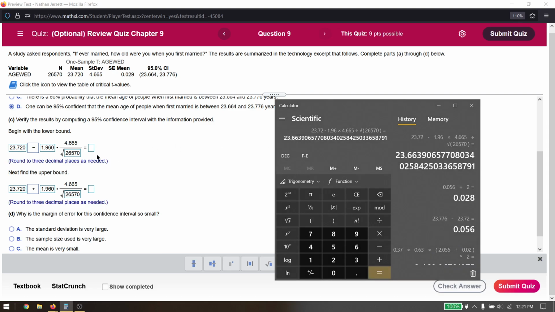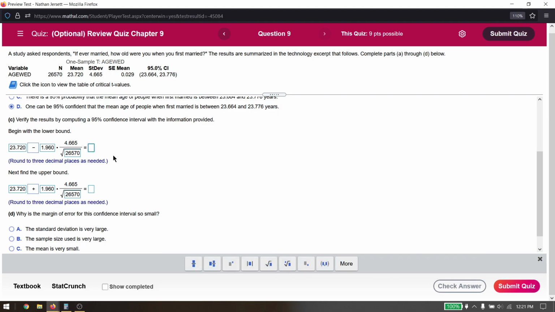And we get 23.664. And you look up here, we have 23.664 being the lower bound. So that's all correct there.